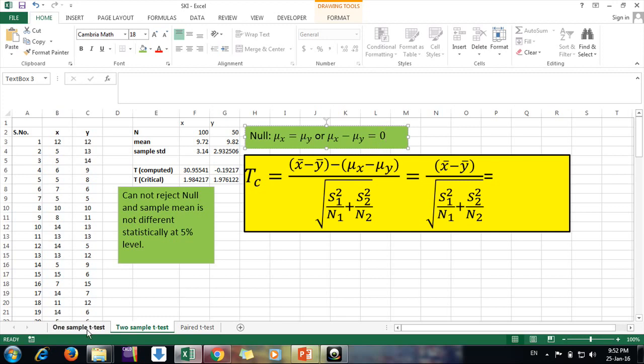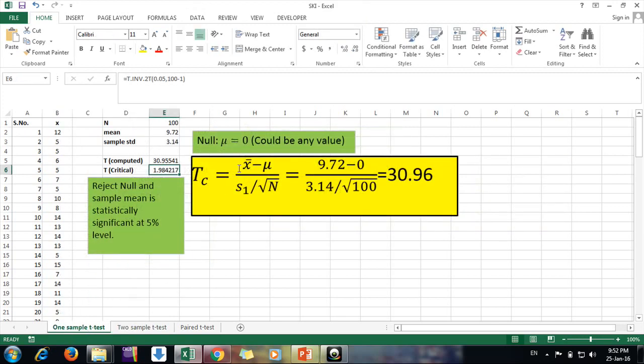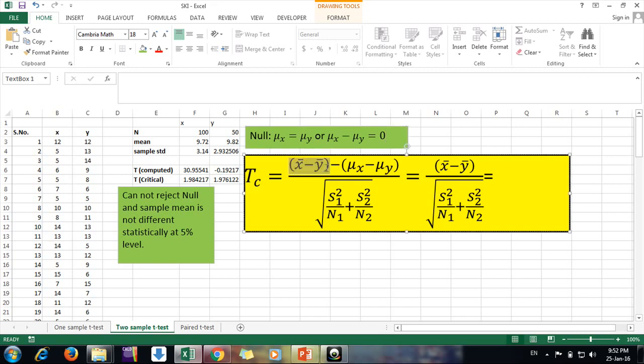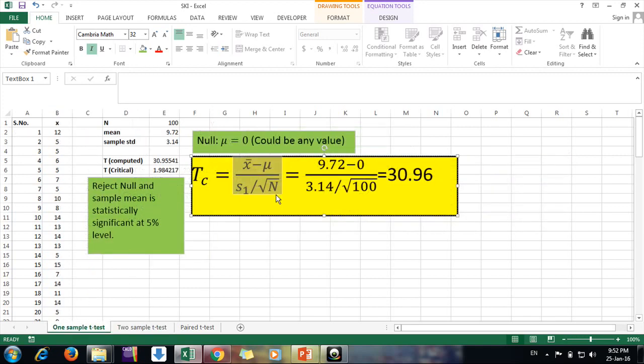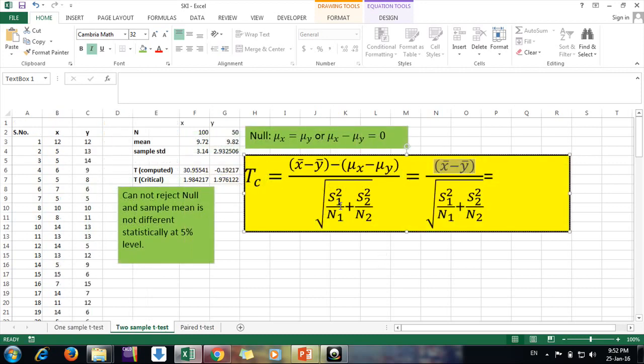As in the one sample t-test, we had x bar minus mu divided by sigma by root n. The same thing applies here. These are our sample values, and the population hypothetical mean we are saying is equal to 0, so we remove it and write x bar minus y bar, divided by, where we had sigma by root n, now with two samples: the square root of s1 square by n1 plus s2 square by n2.